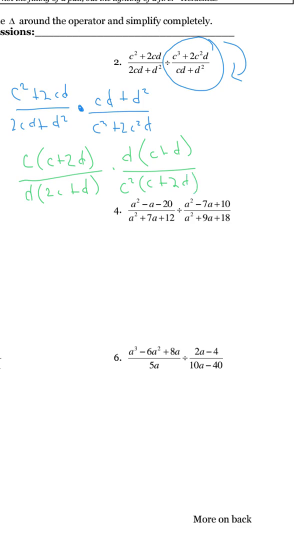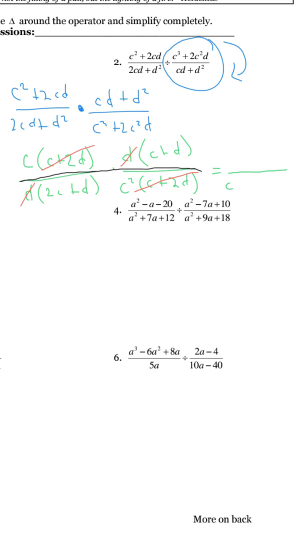I'm going to go ahead and use my trick of making one big fraction when I multiply, and now I can cancel anything that matches exactly. So I see a d on the outside of a parentheses on the top and the bottom, so those can cancel. I see a c + 2d, those can both cancel. And then I also see c and c². So if you remember back to our exponent rules, those will cancel, and the c will stay on the bottom on the outside.